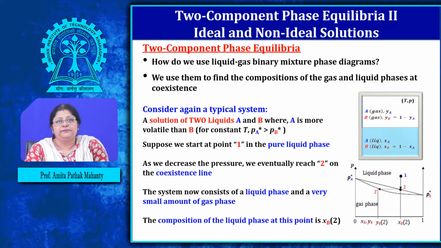Wherever it is cutting the dew line, you make parallel lines, and here in the same composition X as 1, point 2 is the one which is representing the mole fraction of the component B in the liquid state. So it's the mole fraction in liquid.